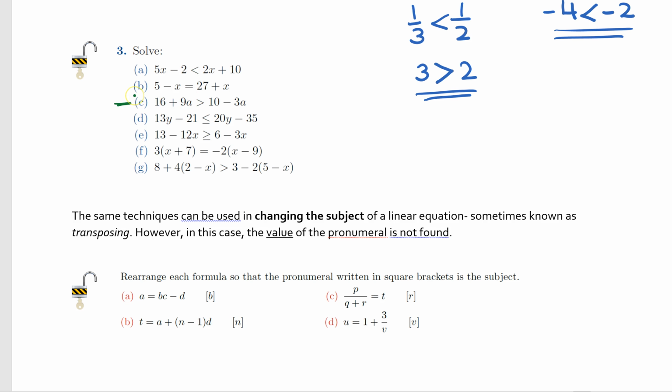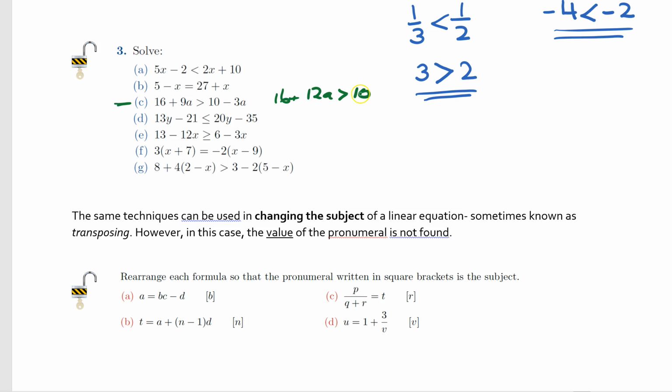So if we do C, now if this was an equality, we know what the process would be. We'd bring our 3a across to the other side, so we'd have 16 plus 12a is greater than 10. And although I was bringing something across, and I was saying it was subtracted here and it was going to therefore be added over there, I'm not multiplying or dividing by a negative, so there's no reason to change the inequality.